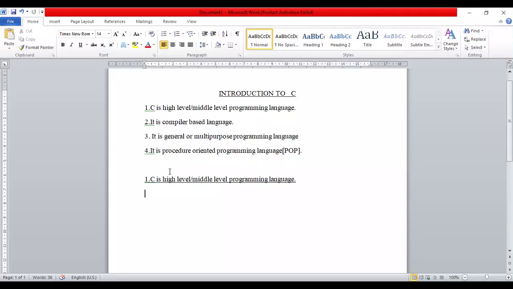Can I say C is indirectly used for communication between human beings and machines? Obviously, it is correct, sir. So this type of programming languages we use for communication with several machines, not human to human communication, but human to machine communication.